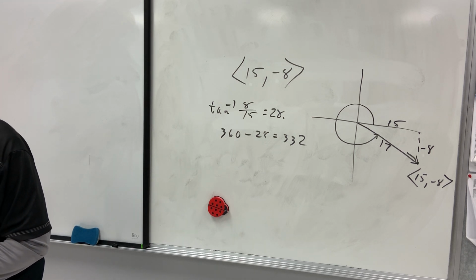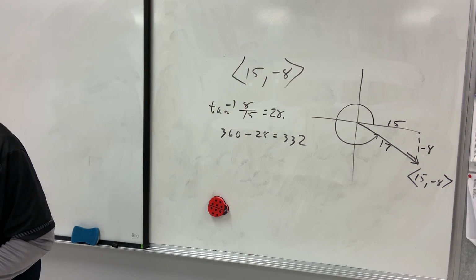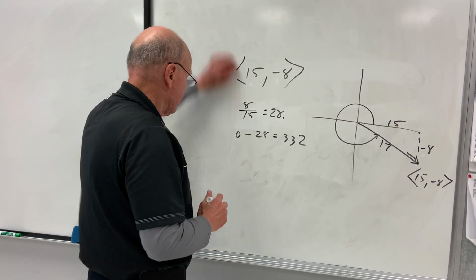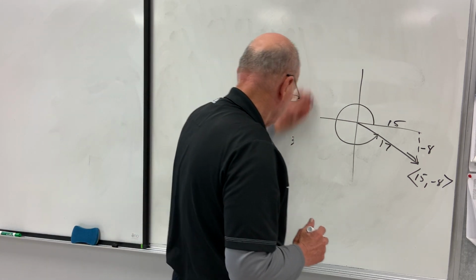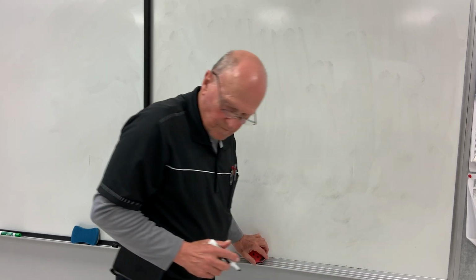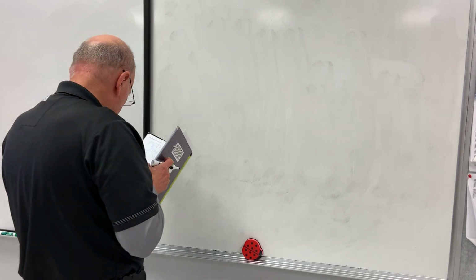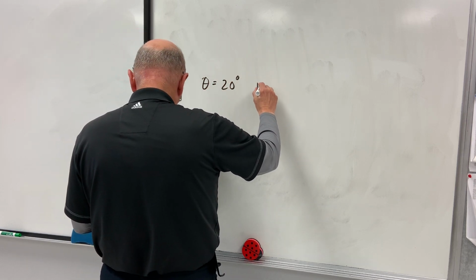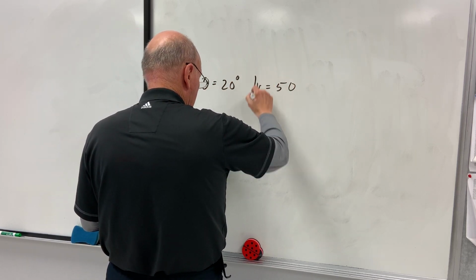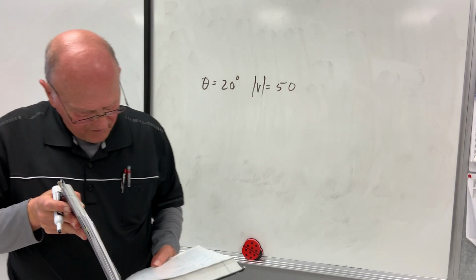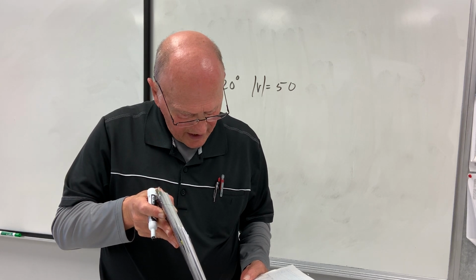So let's go on down to number 37. On 37, it says for each of the following vectors V has the given direction and magnitude.